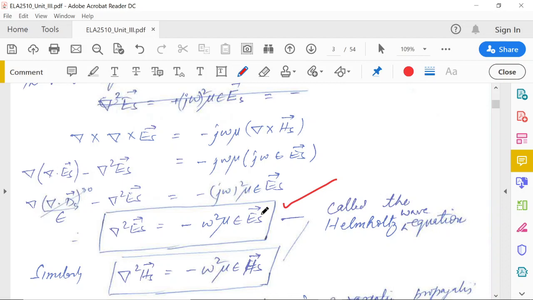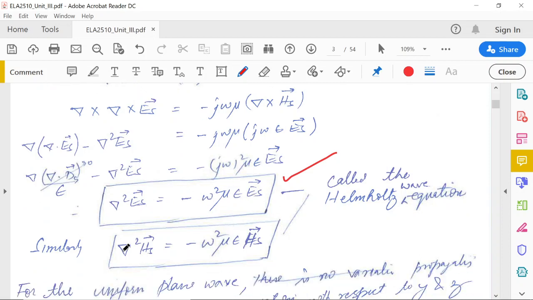Now here there is no del square E over del t square. You only have the Es, the phasor form. So we have omitted the derivative of Es with respect to time, and instead we have minus omega square.